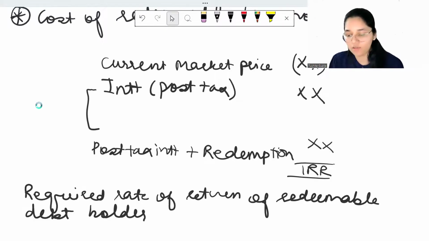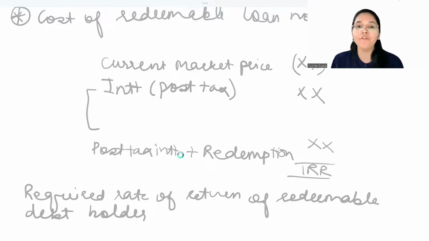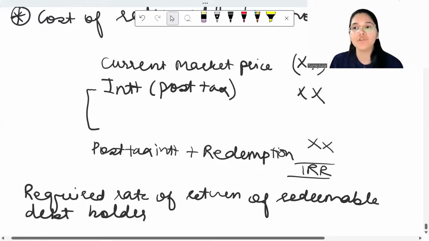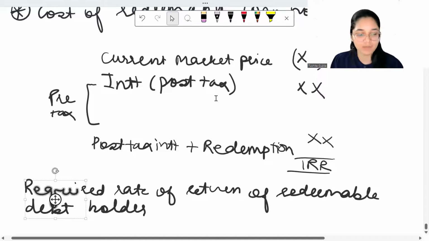This required rate of return can also be called the IRR of pre-tax cash flows. So over here you took the post-tax cash flows, but if you just take the pre-tax values over here, then it becomes the required rate of return of the redeemable debt holder.